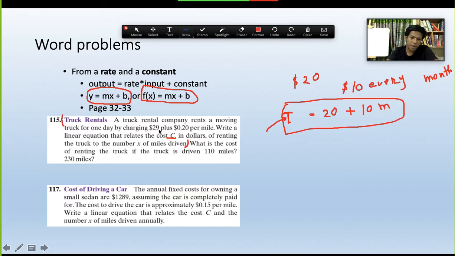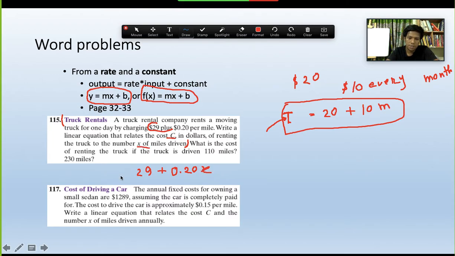So see here what happens. This $29 is the money. So $29 you have to pay regardless of what happens. Then plus this $0.20 per mile. So the number of miles is x, so you can write here x.